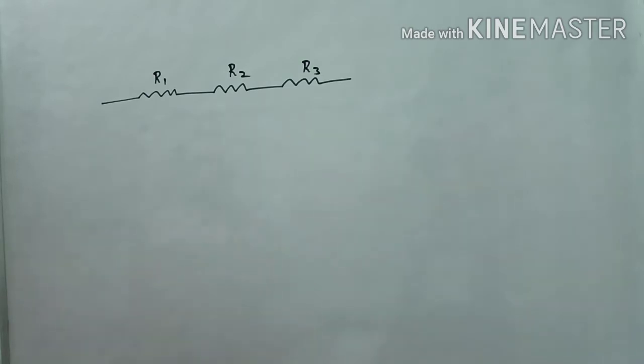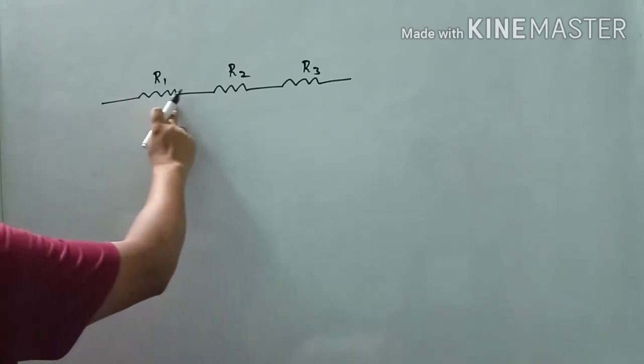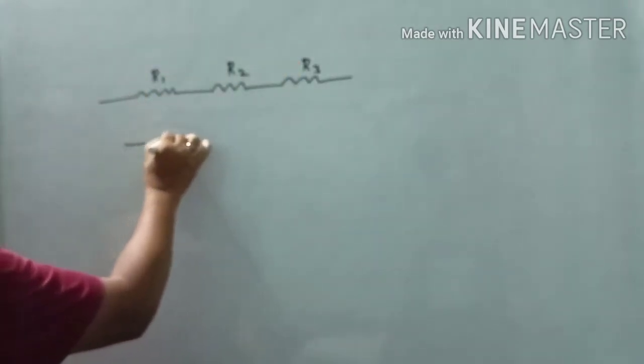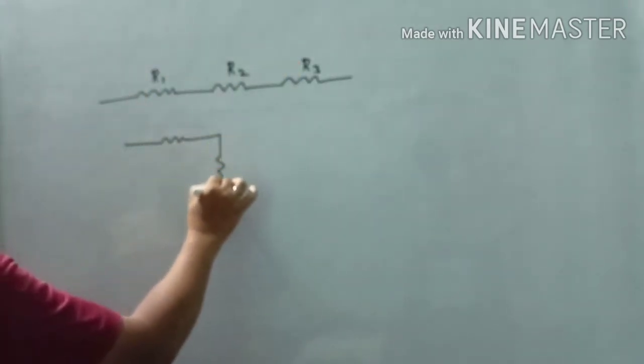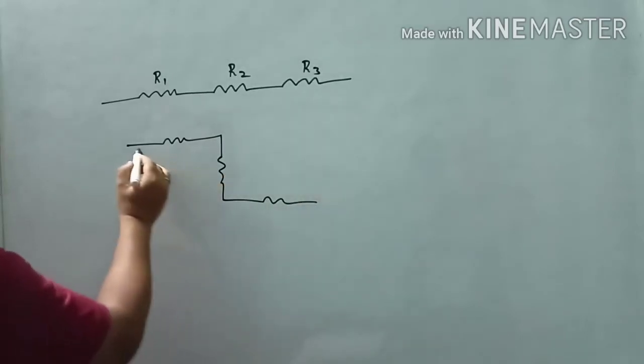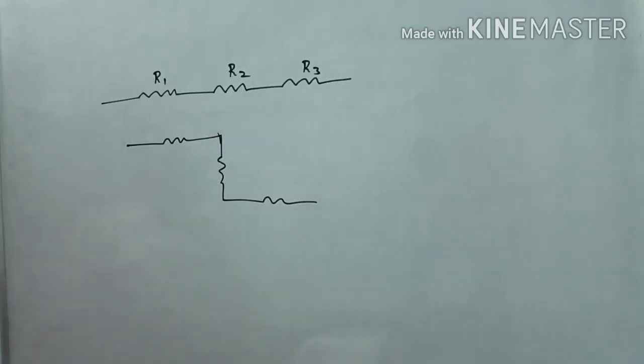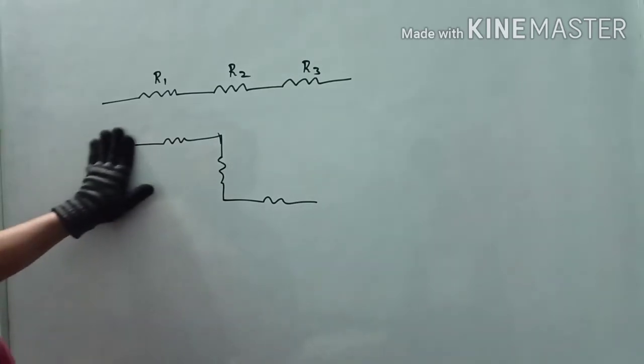How to know these are in series connection? There is a single path in this way or in this way, because it is a single path of current flow. If there is a single path of current flow, then these are in series combination.